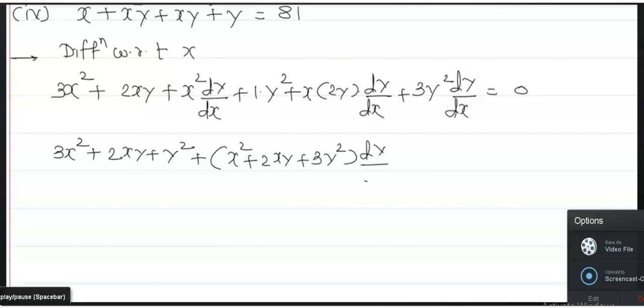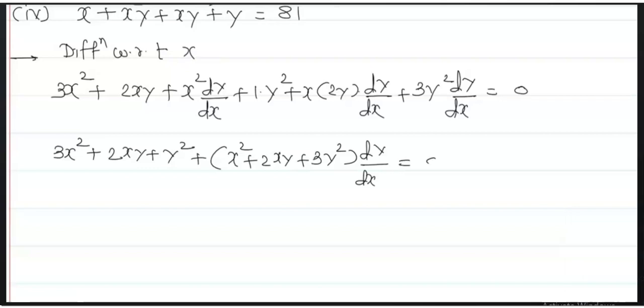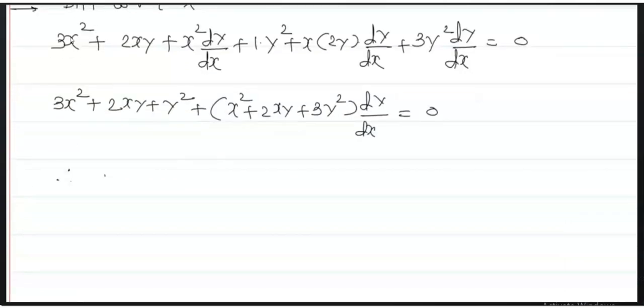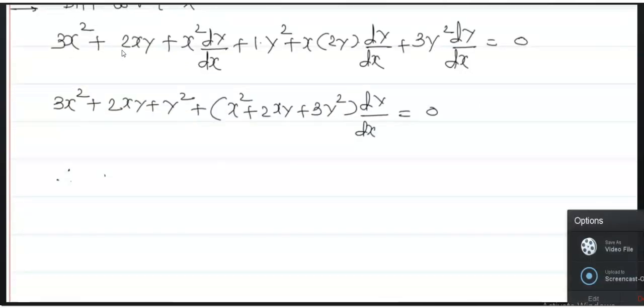Now it's a derivative. That is 3x square, 2xy plus y square. These are the terms. That is 3x square plus 2xy plus y square. Next, collect the terms of dy by dx, that is x square into dy by dx plus 2xy into dy by dx plus 3y square into dy by dx, that's equals to 0.